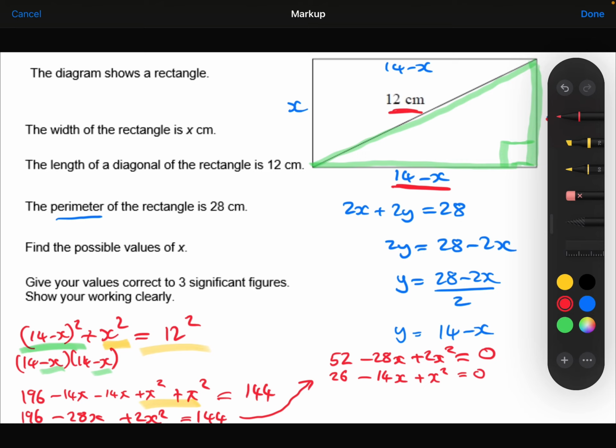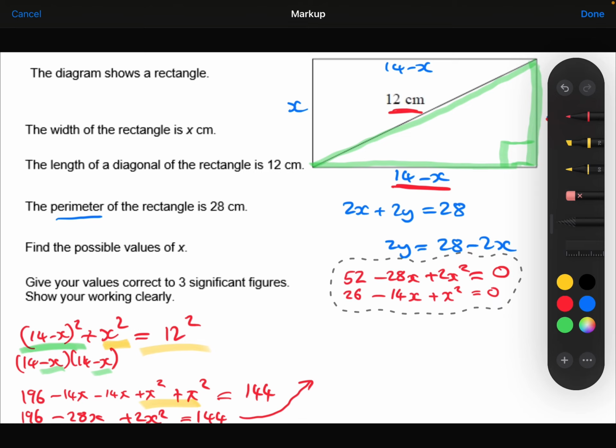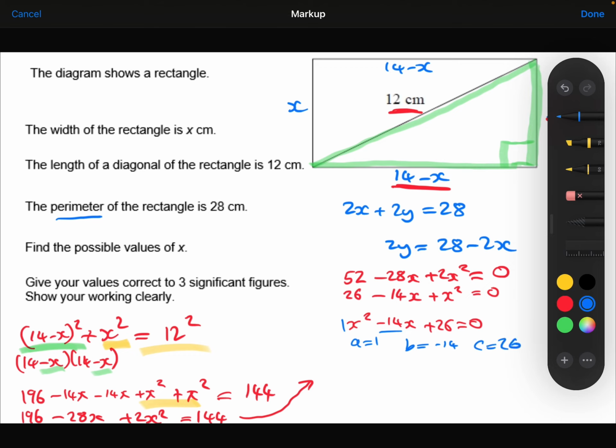And then because this is a quadratic equation, I'm going to rewrite it slightly with the x squared term at the front. And now I'm going to use the quadratic formula to solve this. I can see that a is 1, b is minus 14, c is 26.